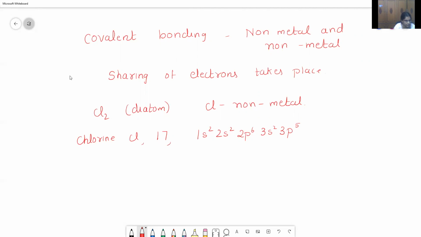So the first shell has 2 electrons, the second shell has 8 electrons and the third shell has 7 electrons. So it does not have the octet configuration. So it has to take an electron from another element to get that stable octet configuration.